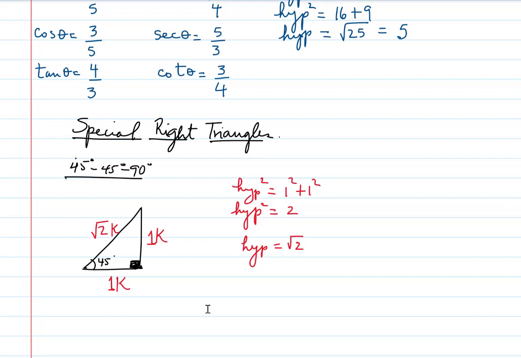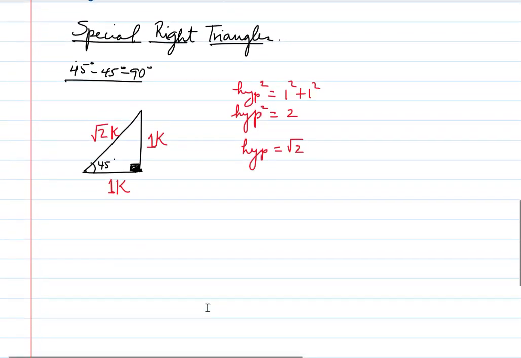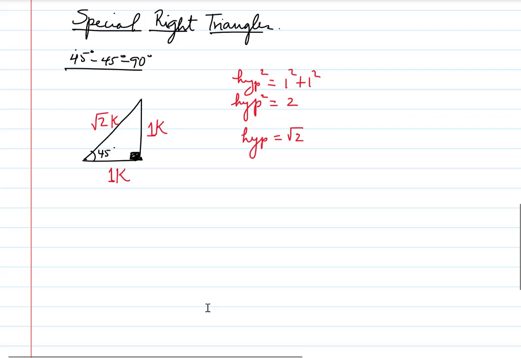Okay, so now notice here the k is irrelevant when finding the trigonometric functions. Let's go ahead and find the 6 trigonometric functions of this 45 triangle. So let me do one here on the side. If we do sine of 45 degrees, by definition sine is opposite over hypotenuse.